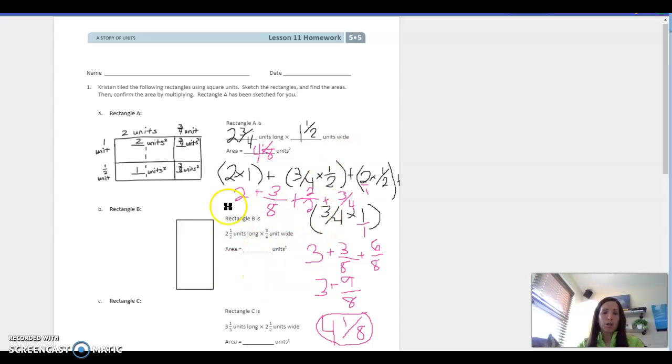So this is how we do this problem. If you have any questions or you didn't understand it, please make sure to write me. I'm trying to do a recording of a video because I know not everyone's able to log on and do the video chats and then they miss working with me. So hopefully this works out for you guys.